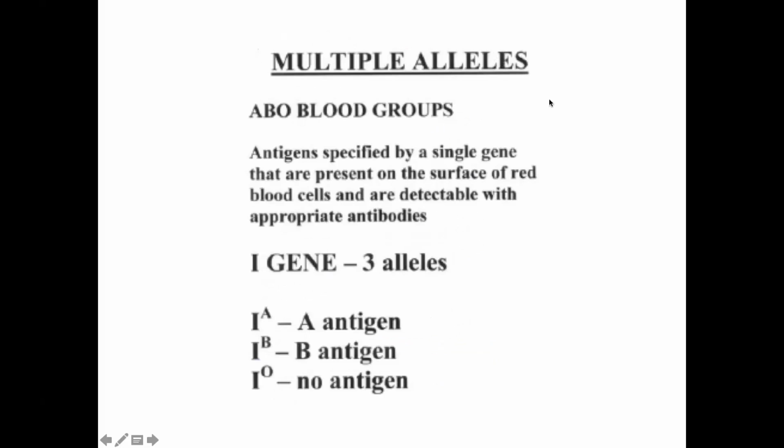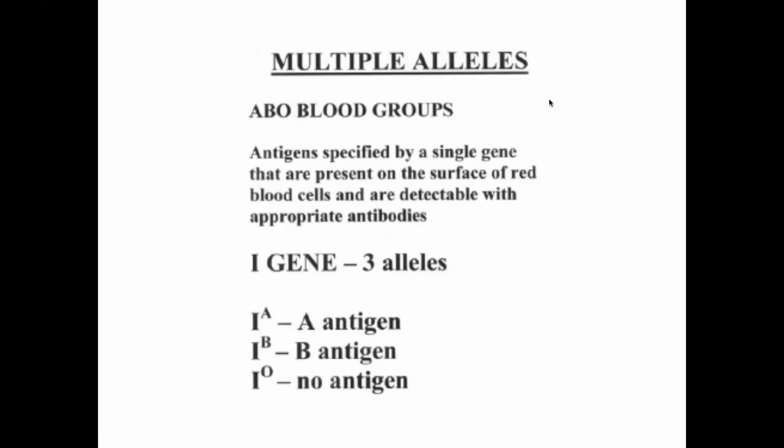Okay, so just to expand on that concept, here's another example of a biochemical phenotype in humans. Again, another blood typing system that I'm sure most of you are familiar with, the ABO system.